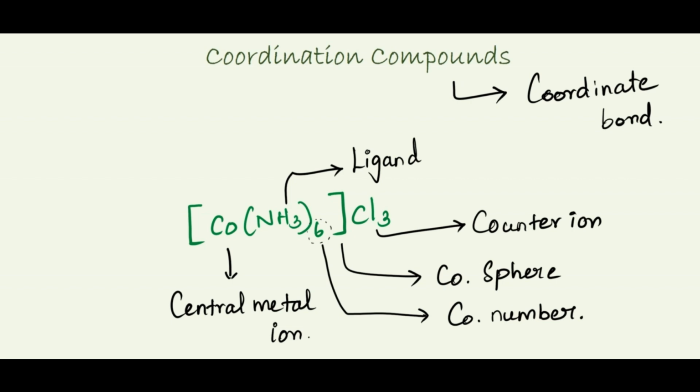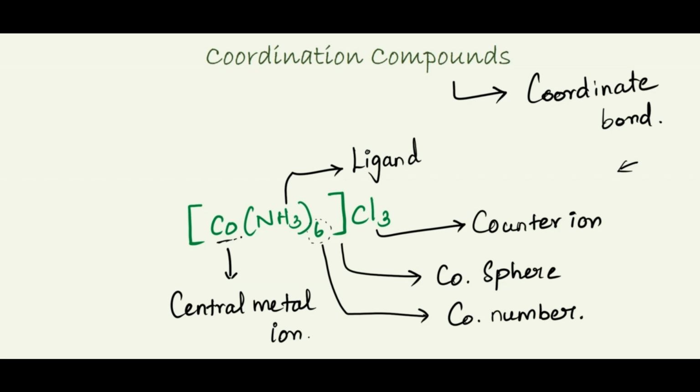So the important terms in the coordination compound chapter are these. The coordination complex will look like this. There will be a central metal ion. Here we have cobalt, and then there will be a ligand which provides the electrons to the central metal ion. That's why we represent it by the arrow mark, showing where the electrons are going. Here the ligand is NH3.